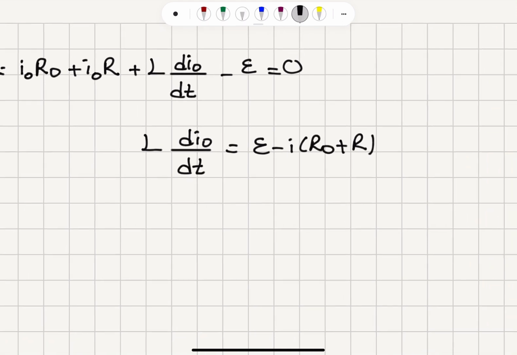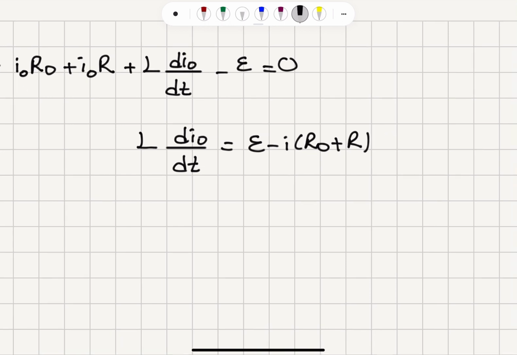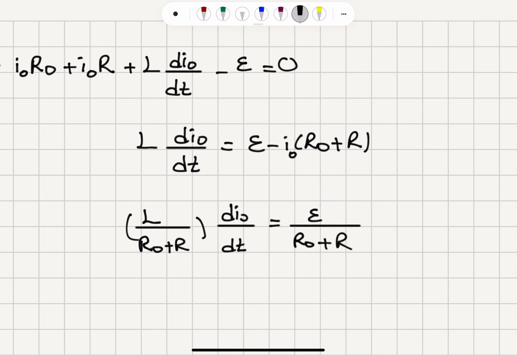If I divide both sides by R0 plus R, then I will have L divided by R0 plus R times di0/dt is equal to epsilon divided by R0 plus R minus I0.